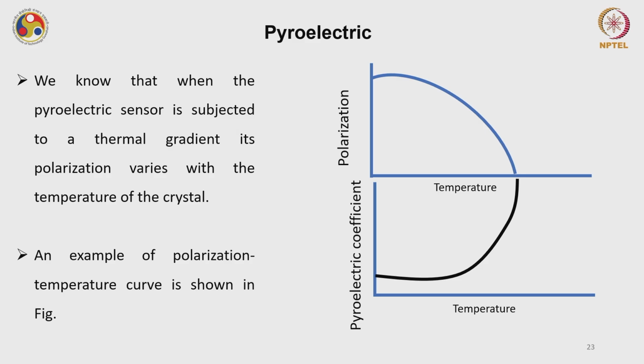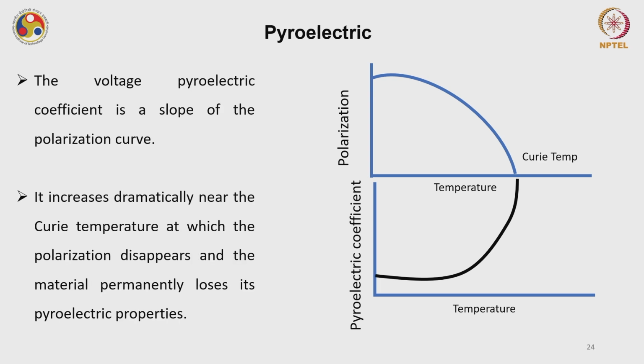So, we know that when the pyroelectric sensor is subjected to a thermal gradient, its polarization varies with the temperature of the crystal, right. So, this is a typical curve of polarization versus temperature and pyroelectric coefficient versus temperature. Just have a look on these graphs. The voltage pyroelectric coefficient PV basically is a slope of this curve.